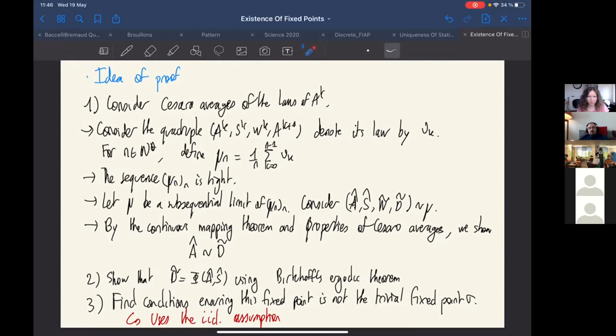So if you take mu n, you can construct a converging subsequence. Okay, in the weak sense, the convergence is weak, so it's a functional convergence. Okay, is that clear? So it's a kind of Bolzano-Weierstrass flavor.